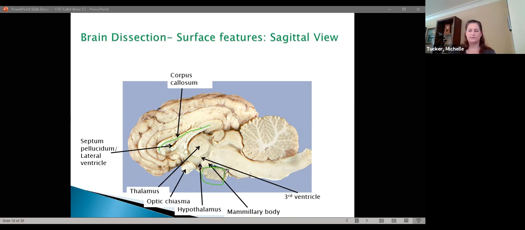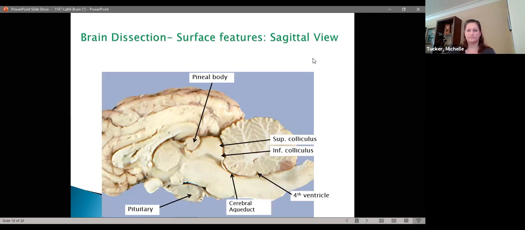So some models and some dissections have the pituitary on and some have it off. So just thalamus to hypothalamus, optic chiasma, mammillary body, pineal gland, superior and inferior colliculi. We've got that third ventricle surrounding the thalamus, running through the cerebral aqueduct to that fourth ventricle.